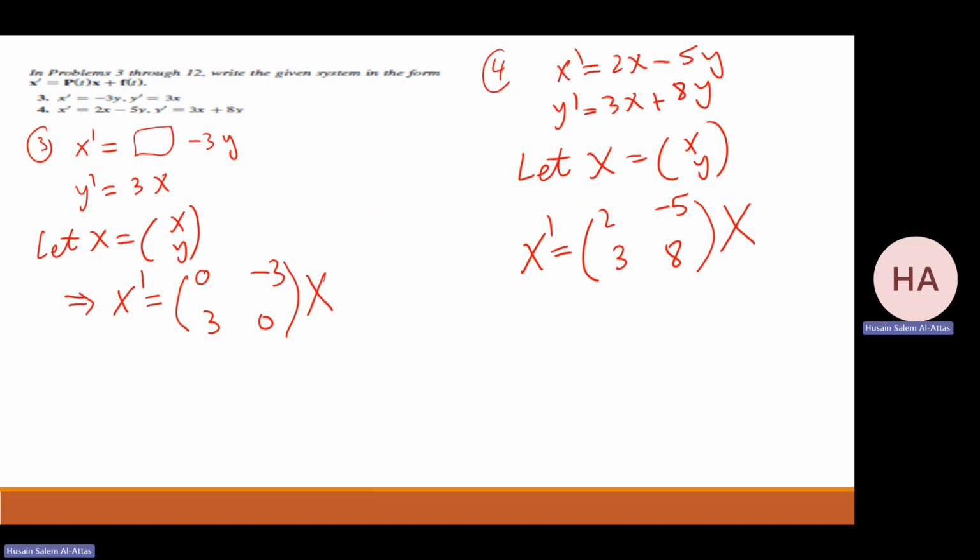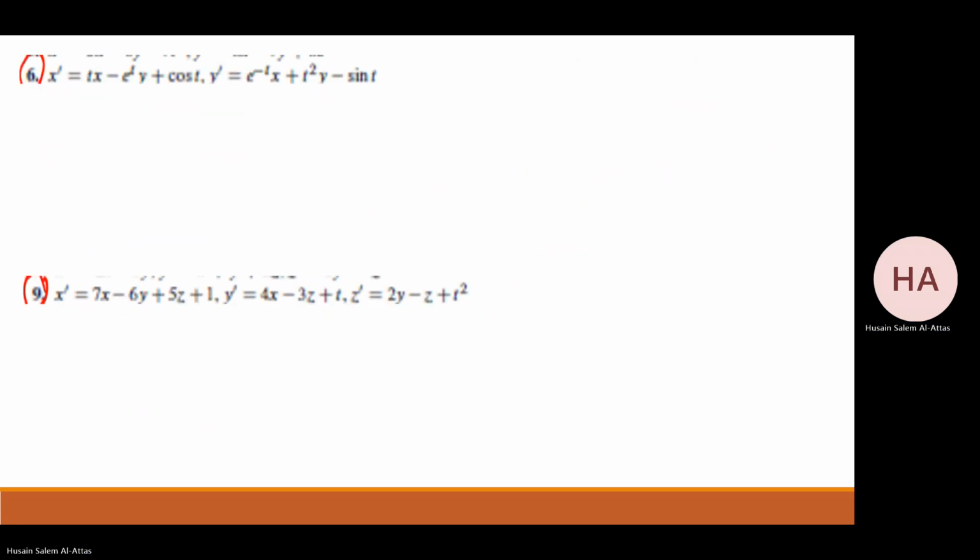Write the given system in the given form. I want to write what is this. This is tx. Let me write it again.